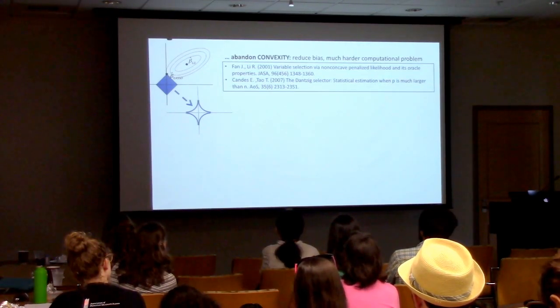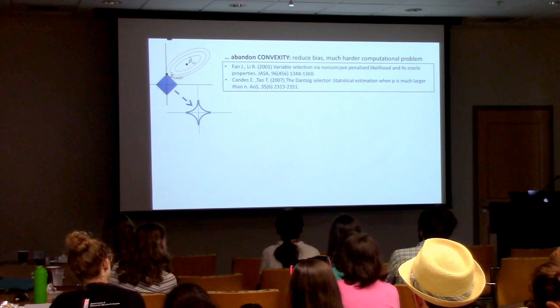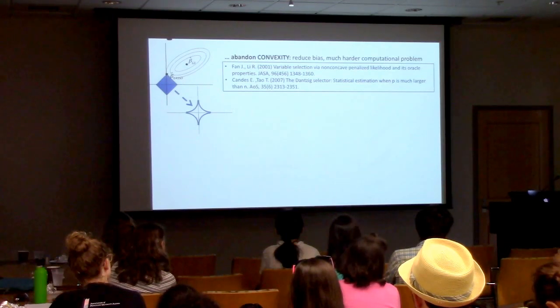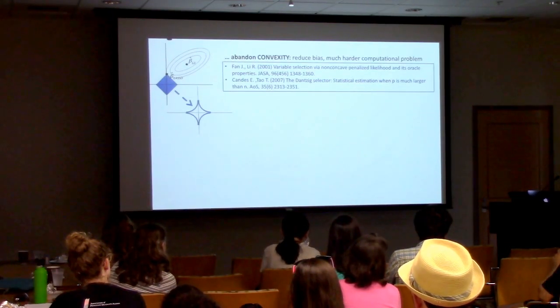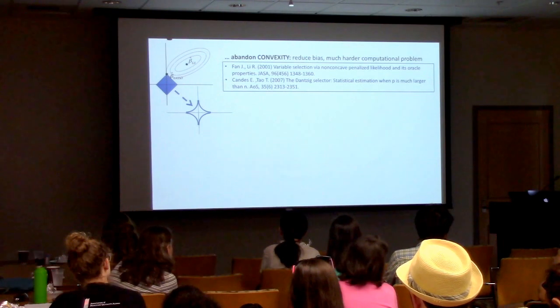To reduce the bias, you kind of have to abandon convexity. This is my attempt at drawing that as a cartoon. To abandon convexity, you enter the realm of much more complicated computational problems, okay? Much more complicated optimization problems where computation is much less straightforward and usually takes more time.